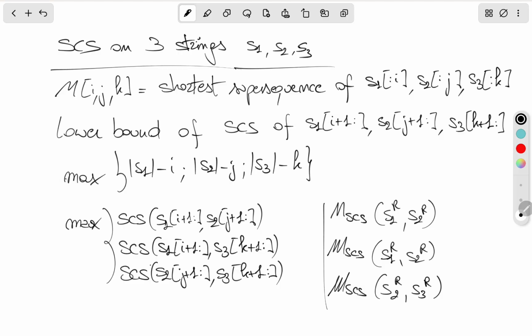The dynamic programming matrix of the SCS of S1 reverse, S2 reverse.